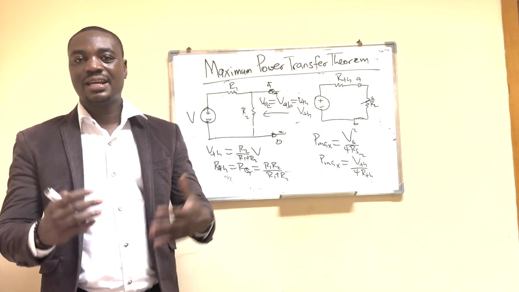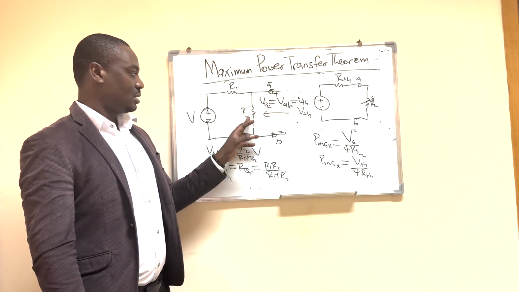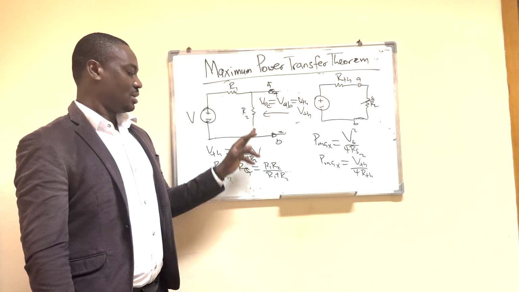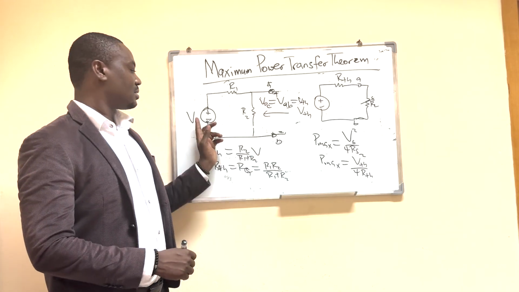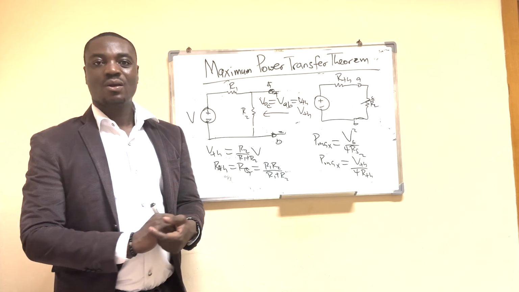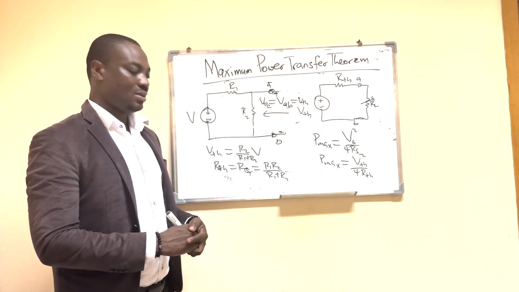So R1 and R2 are connected in series, and then I can use the voltage divider rule. So the voltage across R2 is R2 over R1 plus R2 times the voltage. Then we now get the Rth from this very circuit diagram.